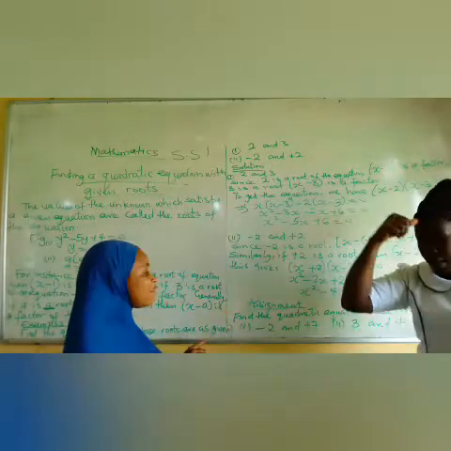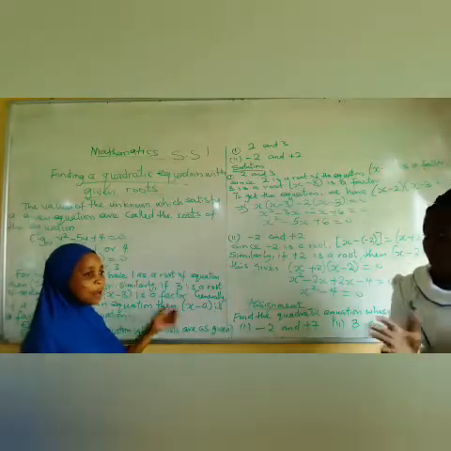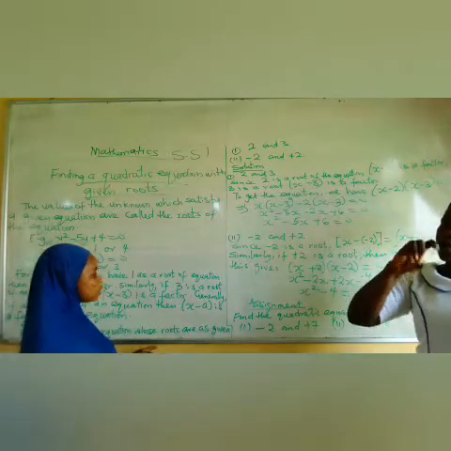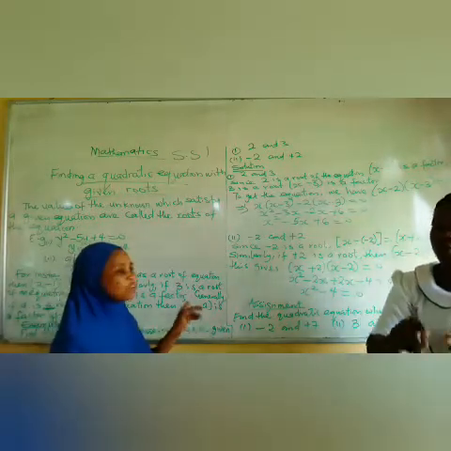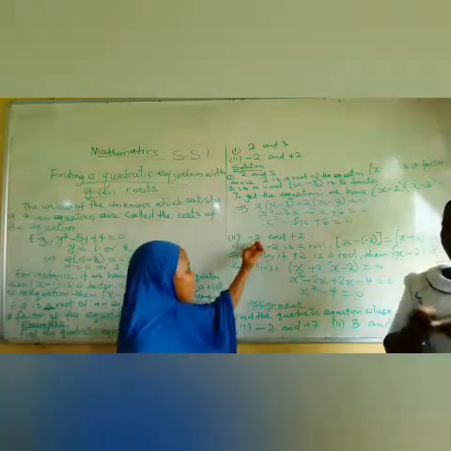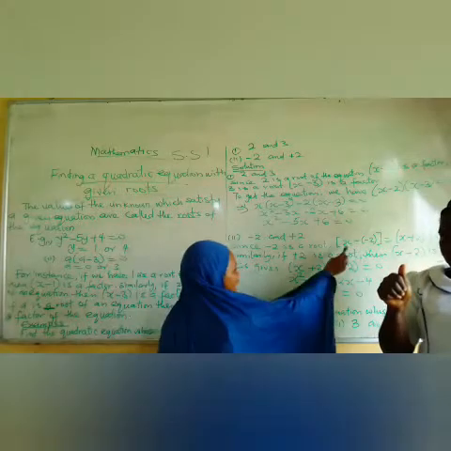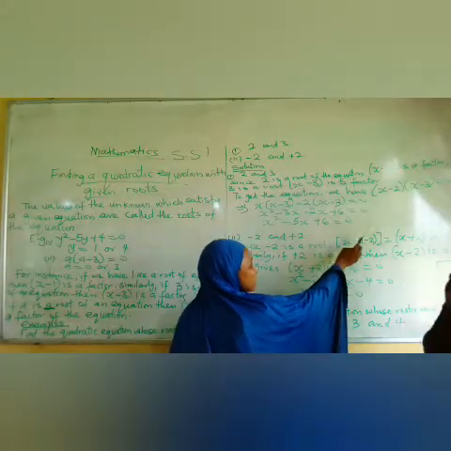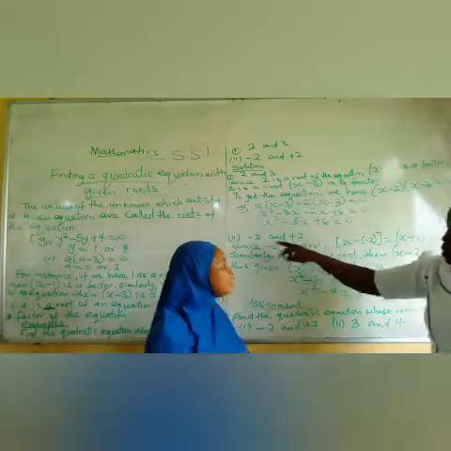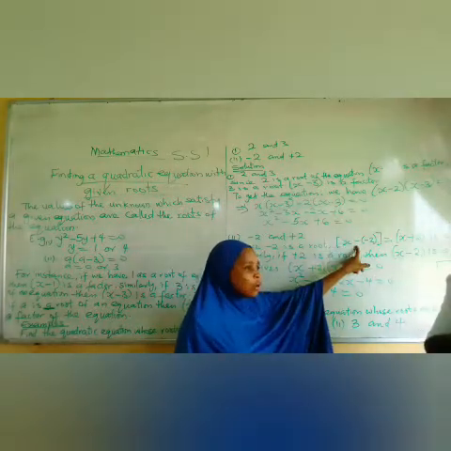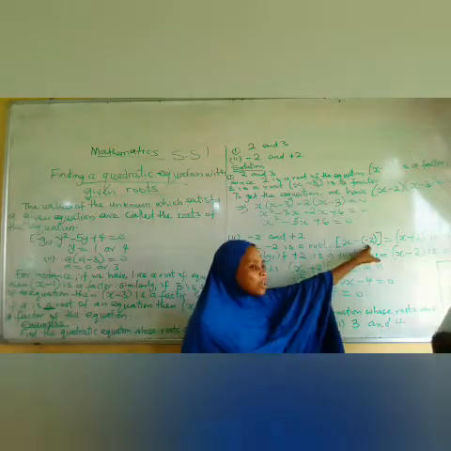Remember the general formula I gave you: whenever the root of an equation is given to you, the general formula you are going to use is x minus a. So here our a is minus 2. When a is minus 2, we have x minus. This minus is in the general formula. x minus, then our a is minus 2.